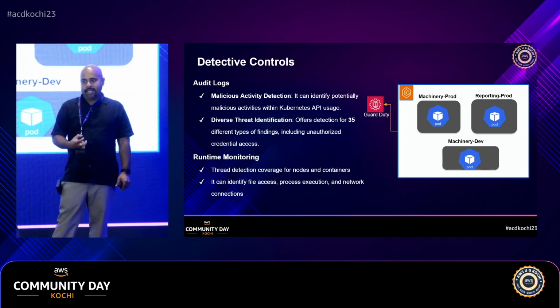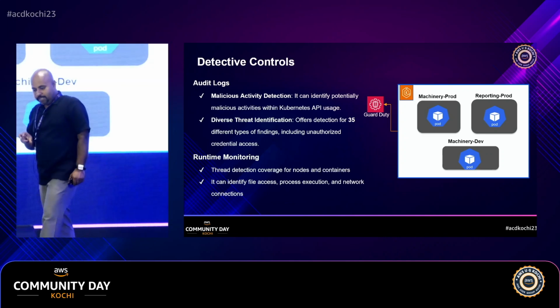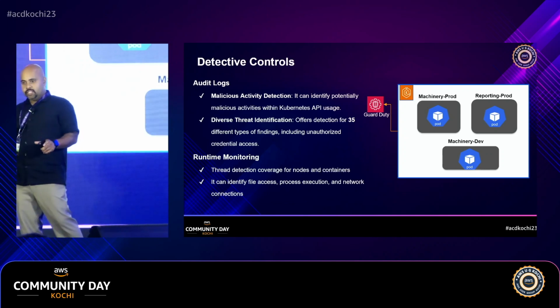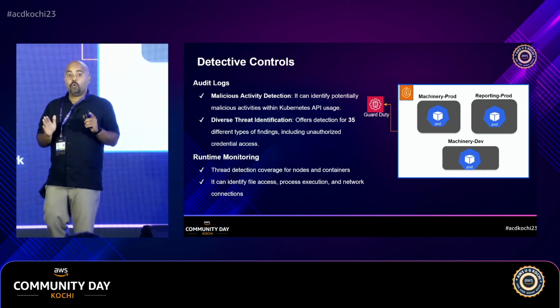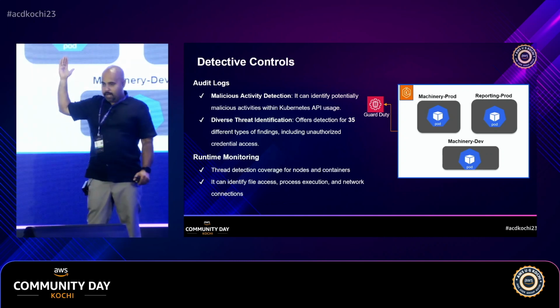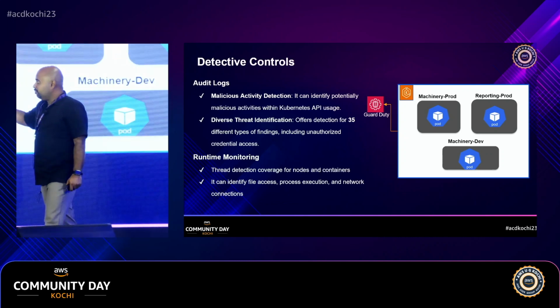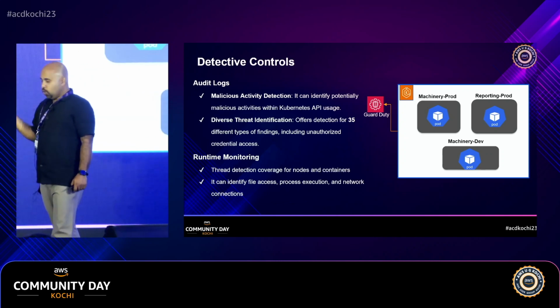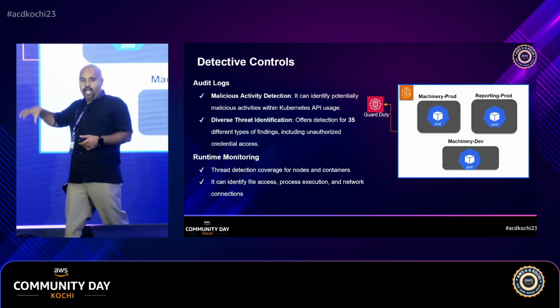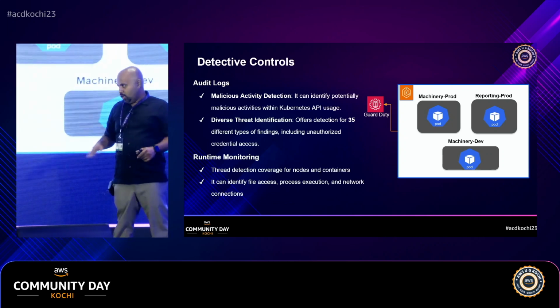All the EKS logs, which means all your API actions, creating a pod, deleting a pod, configuration, all the changes, your Kubernetes API actions, can be configured to be monitored. It has 35 unique capabilities that check the logs for credential access, network access, and it can alert you if something is going wrong.